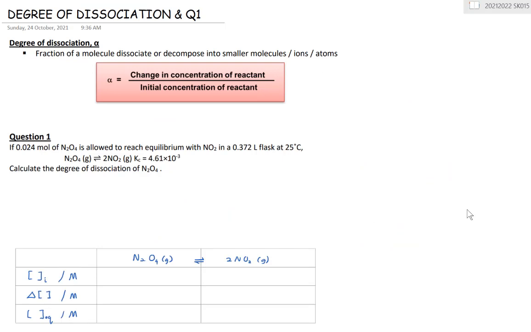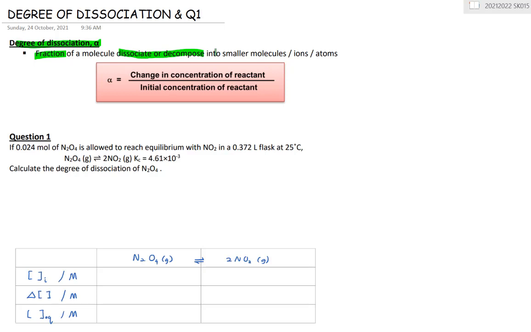So the next topic in chapter 6.2, equilibrium constant, we want to look at the degree of dissociation, which is represented by the symbol alpha. The degree of dissociation refers to a certain fraction of molecules which have been dissociated or decomposed into smaller molecules, ions, or atoms.